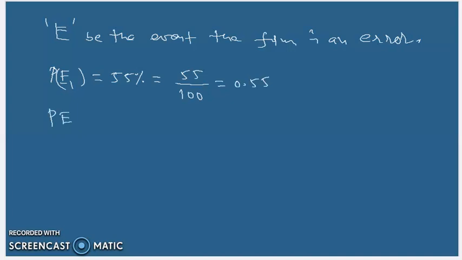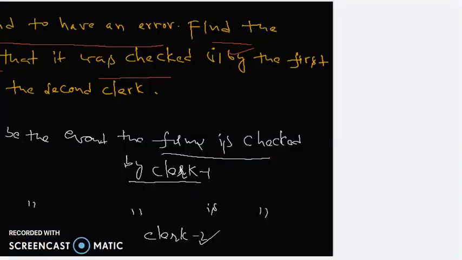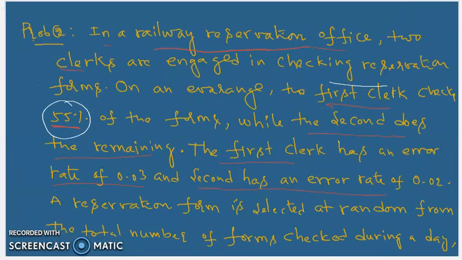And we are going to write P of E2. What is the meaning of P of E2? The probability of clerk 2 checked reservation forms. Given in the problem, 55% of forms are checked by clerk 1, while the second does the remaining.